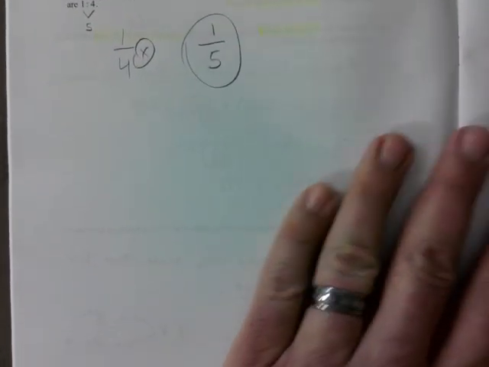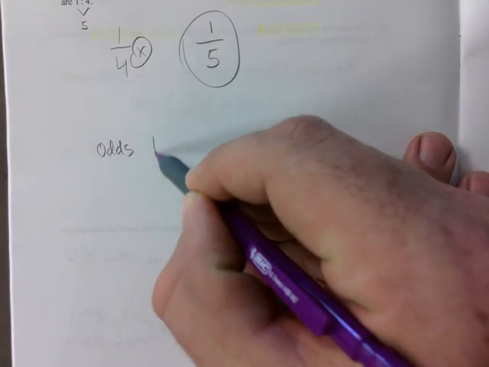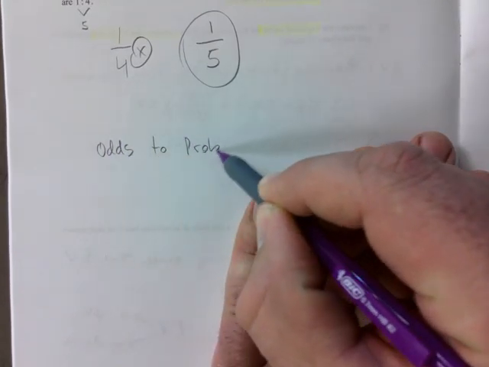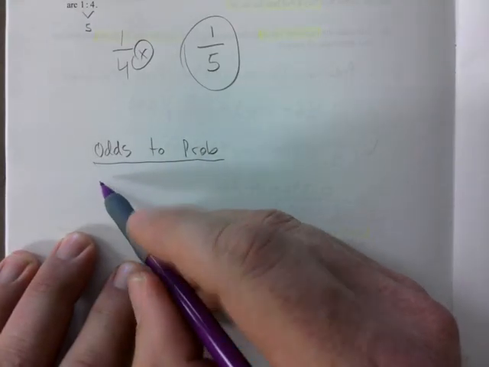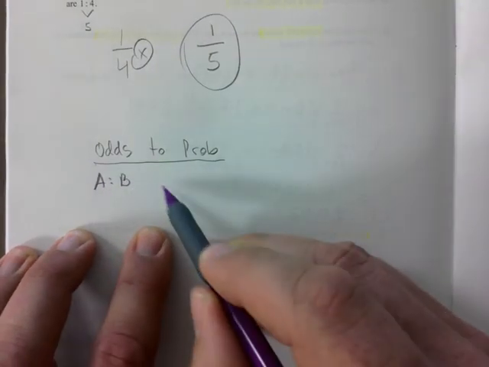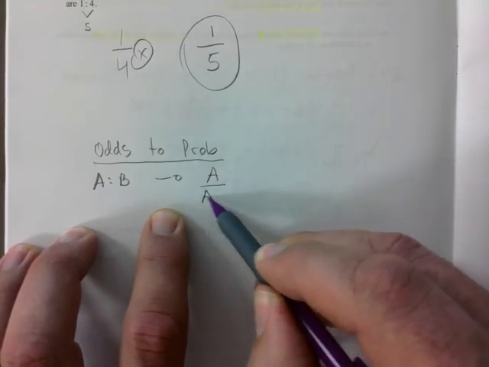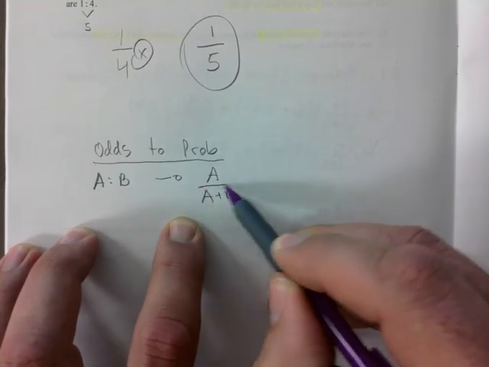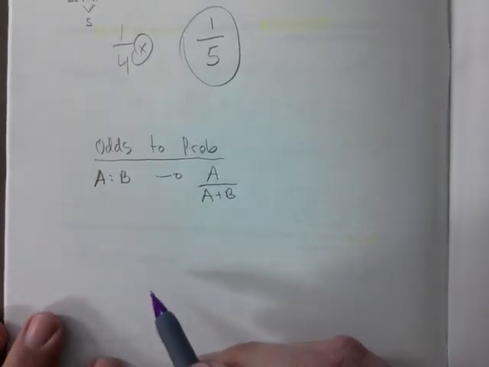So odds to probability. I will go A to B. If you want to get it to probability, you go A over A plus B. That's your safest way to write it. Okay.